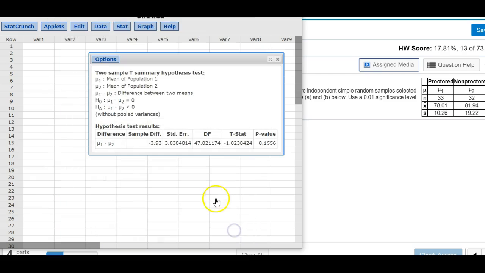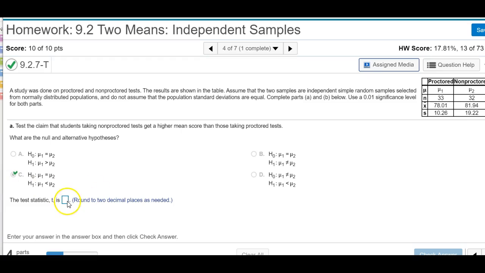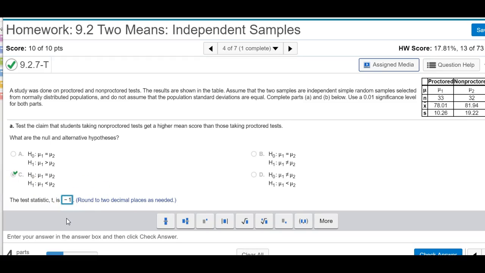I can compute that, and it gives me the T statistic. It's also going to give me the P value and the degrees of freedom using this two sample calculator, so all these formulas have been plugged in. It also gives me the standard error and the sample difference. When I go to find the confidence interval, I'll have to look up the corresponding critical value for T, and then I have everything I need. The T statistic was given as minus 1.02384.